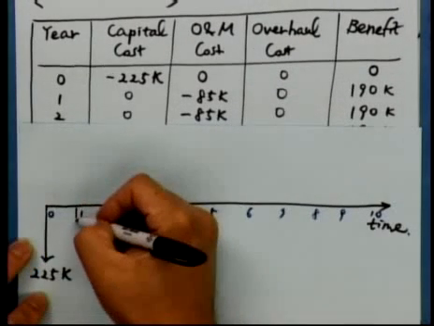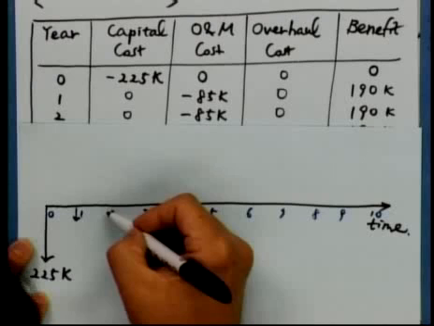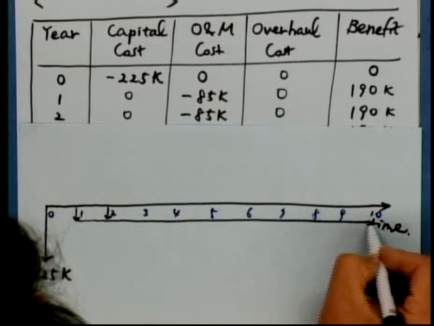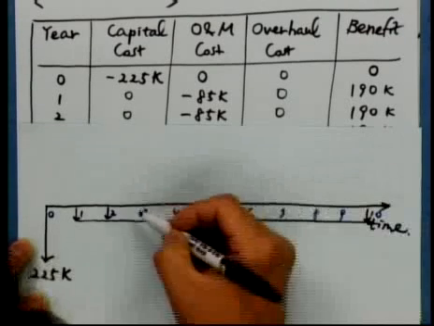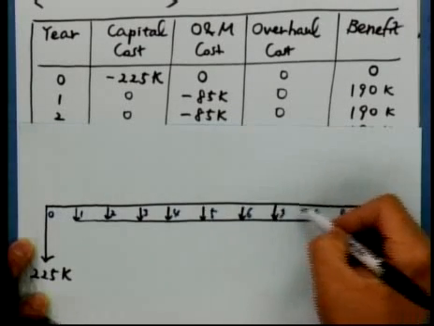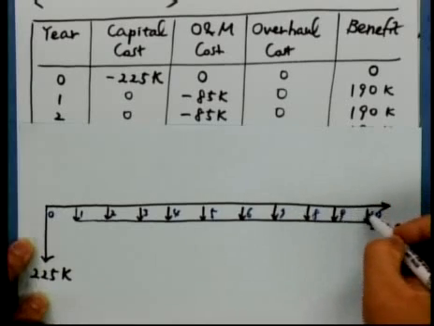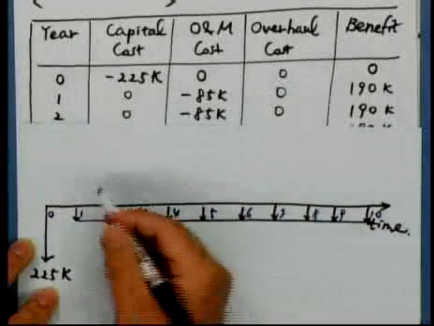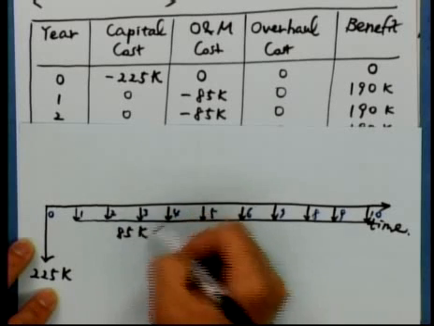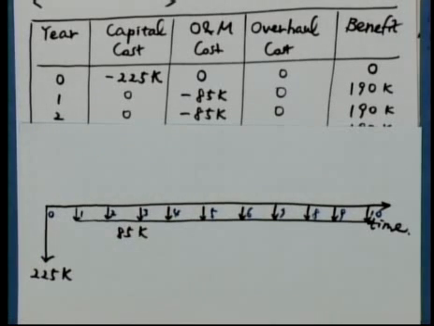So at the end of year 1 up to year 10, 3, 4, 5, 6, 7, 8, 9, 10, this would be 85,000, right? Same amount.